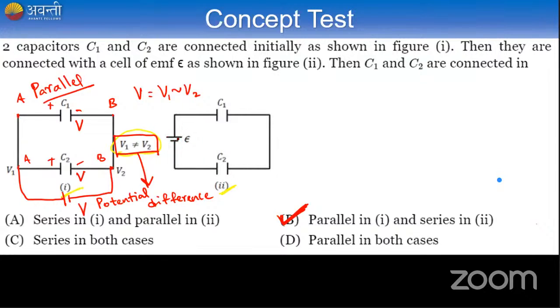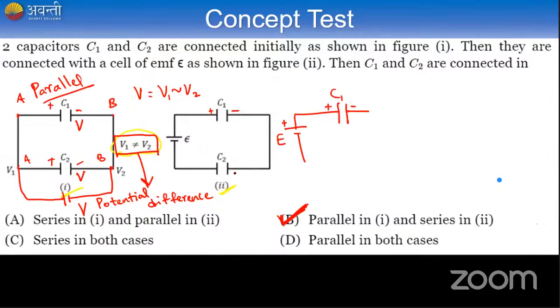So similarly, what happens here when I cut this and insert a new EMF? If I try to redraw the same structure, say I have my EMF E here, then the positive end of the EMF is connected to the positive side of C1. If this is the positive side, obviously this should be the negative side.